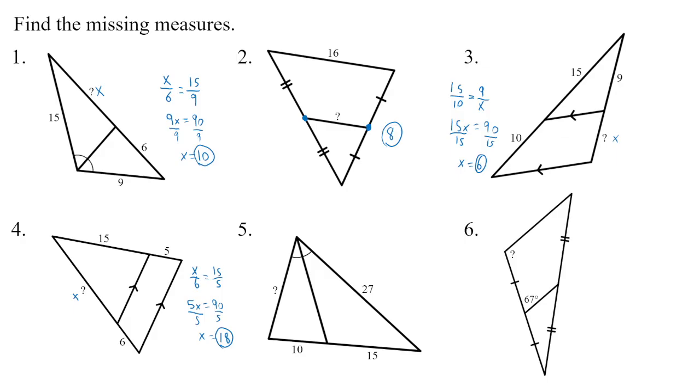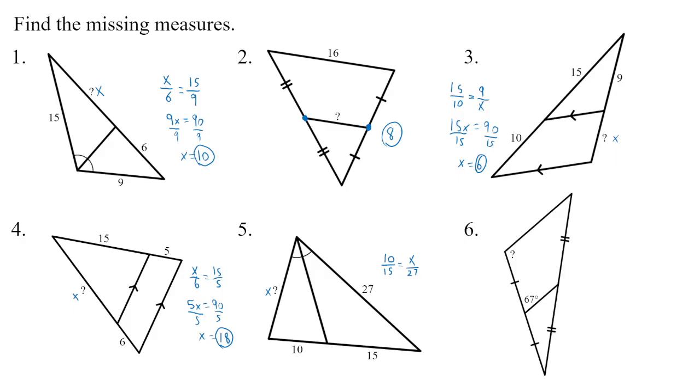Number 5, we got a line segment that bisects one of the angles. So we apply the triangle angle bisector theorem. So that would be 10 over 15 equals, we'll call this side x, x over 27.